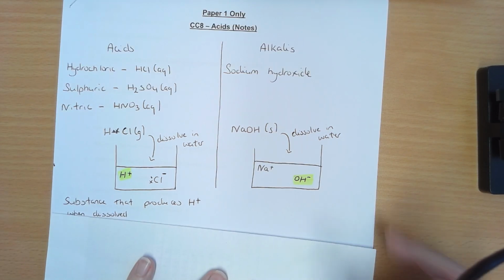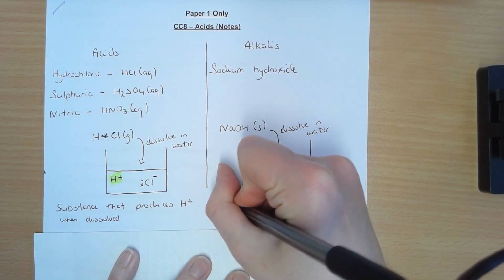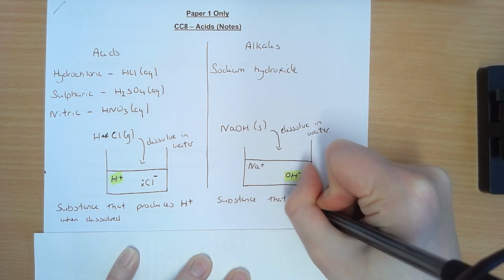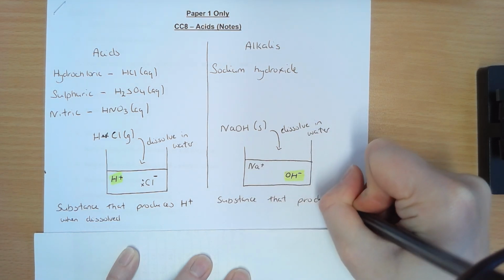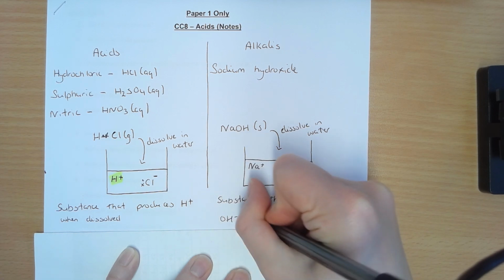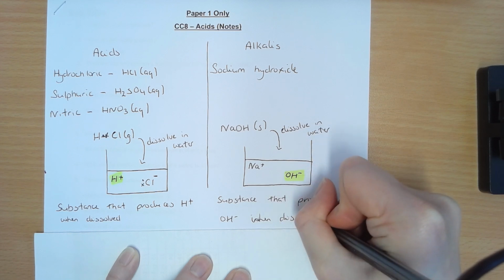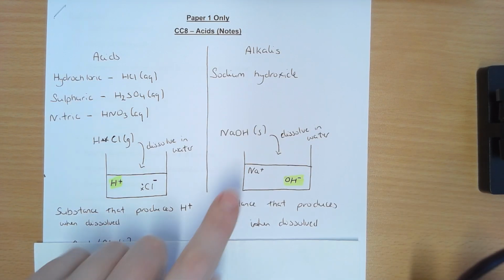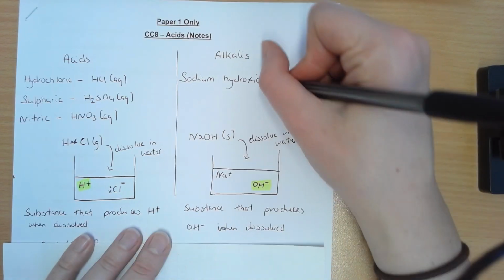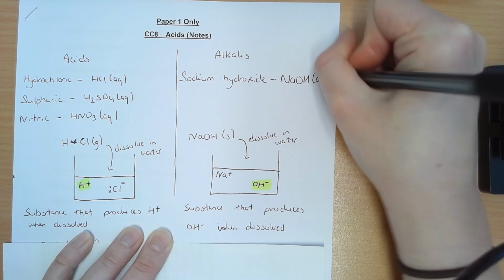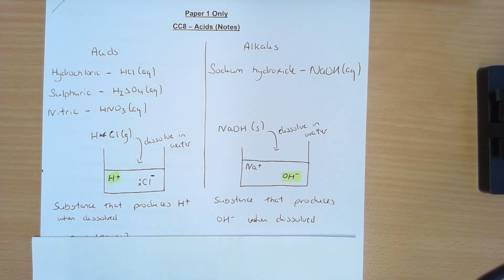Your definition for an alkali then is just a substance that produces OH- ions when dissolved in solution. And again, because the alkali has to be dissolved to give you OH-, I can say that the state symbol is always aq.